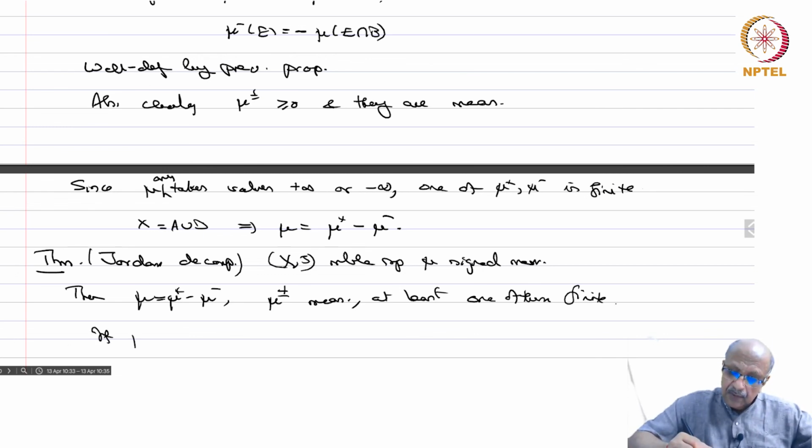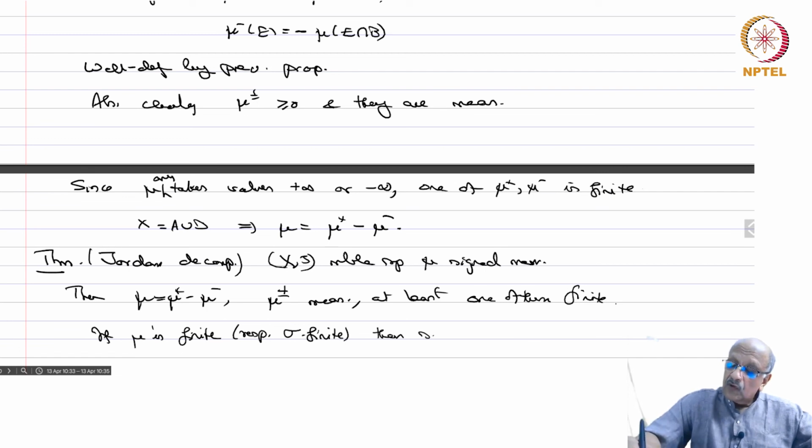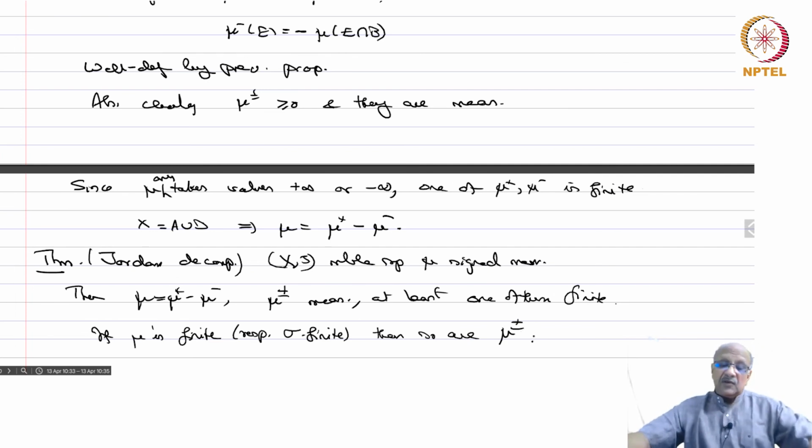If mu is finite, respectively sigma finite, then so are mu plus and mu minus. That's easy to see, because if mu is finite, then mu plus and mu minus must both be finite, and if mu is sigma finite, it can be written as a disjoint union of sets of finite measure, and the same thing carries over to mu plus and mu minus.